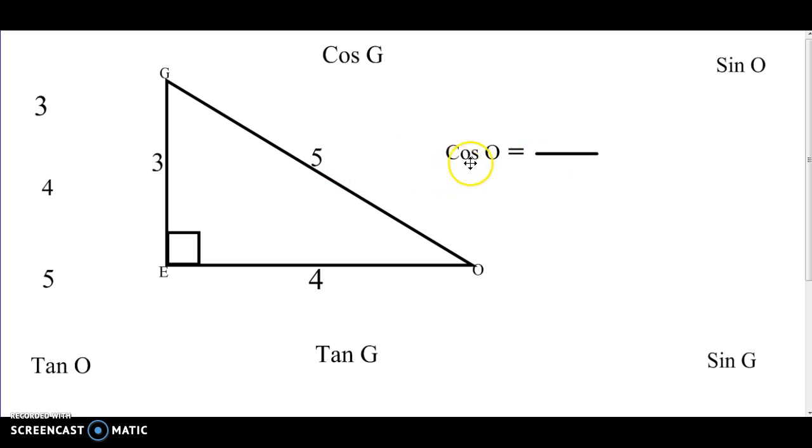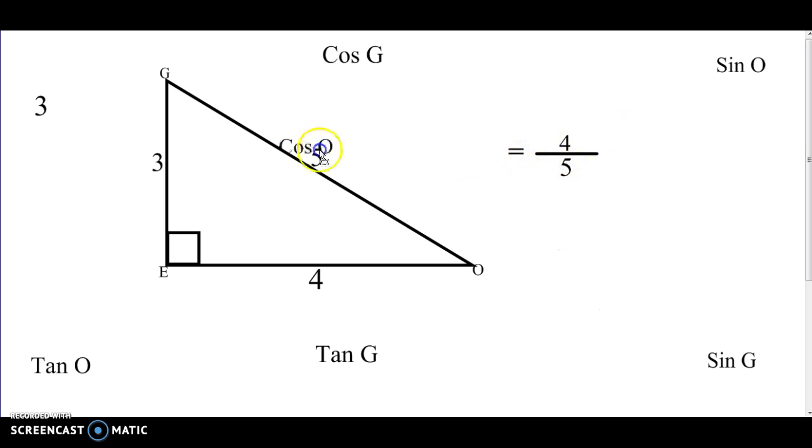So cosine of an angle is equal to the adjacent side. So EO is the adjacent side, so that's 4 over the hypotenuse, which would be 5. So if we were writing the fraction that represents the cosine of O, we would be writing 4 over 5. I hope that makes sense.